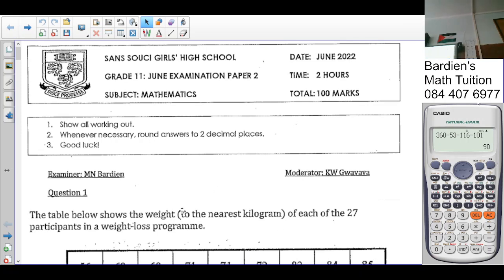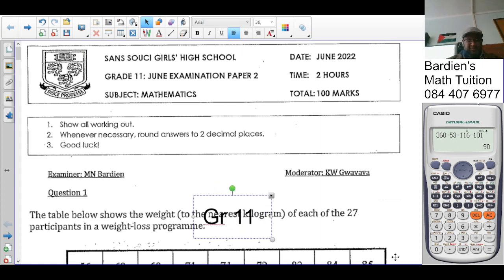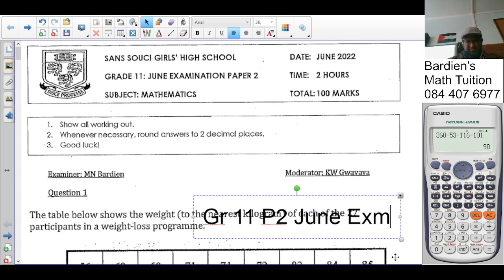So starting off with question 1, this was the grade 11 paper 2 June exam, Exams 2022.